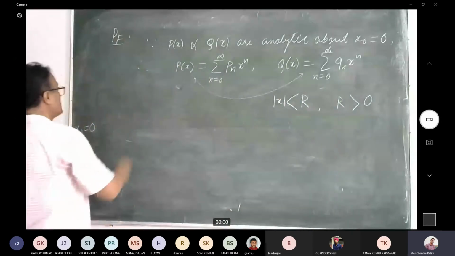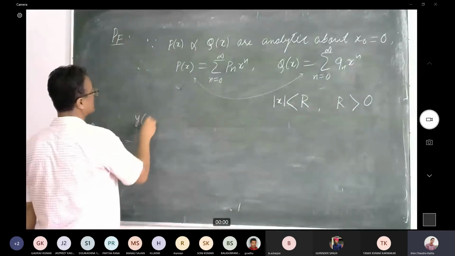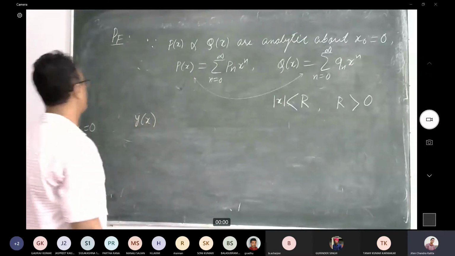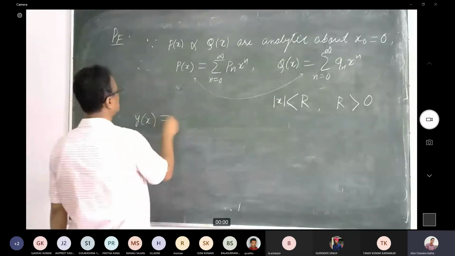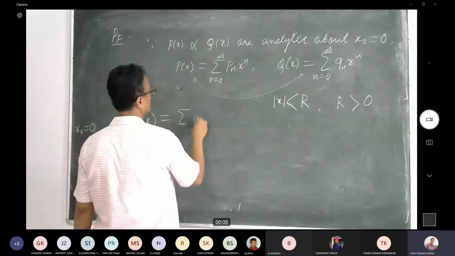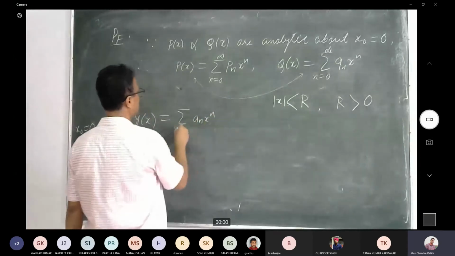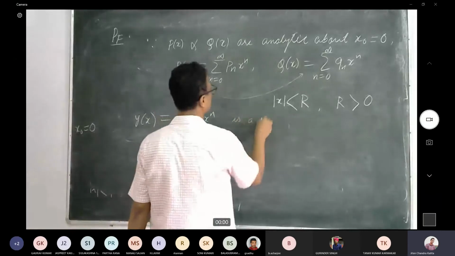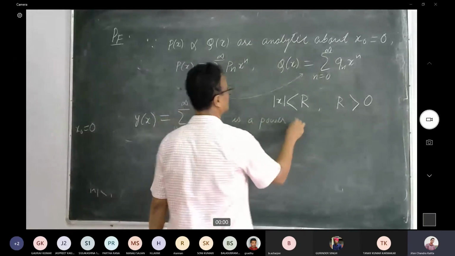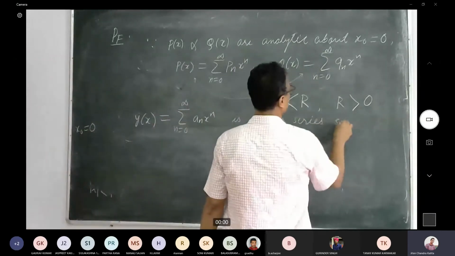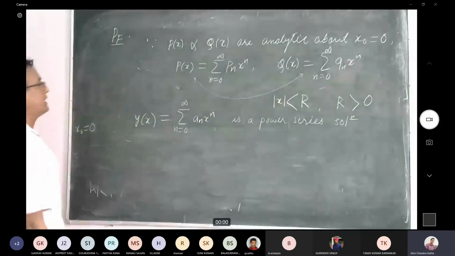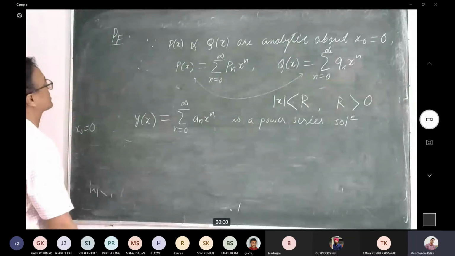Now let us assume that yx equals the sum of a n x to the power n, n from 0 to infinity, is a power series solution.